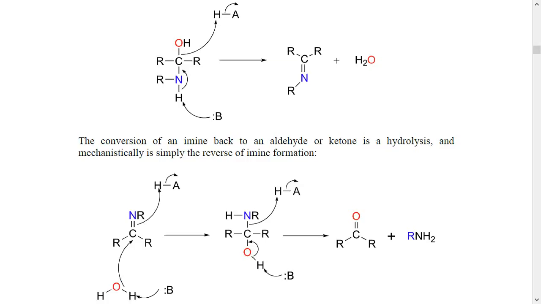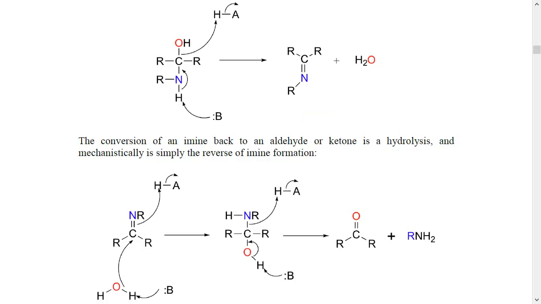At carbon, electron deficient, who is going to come and form a bond here? Oxygen, oxygen of water. And who is going to form a bond here with the nitrogen? Who is going to form a bond with the double bond? Source of electron, H3O plus will form a bond with the double bond.